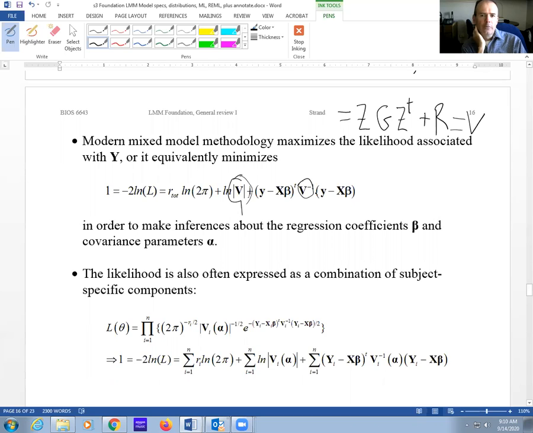What if we can assume that the subjects are independent of each other? Then how do we create that full likelihood that accounts for not only measures within a subject, but also the measures across different subjects?